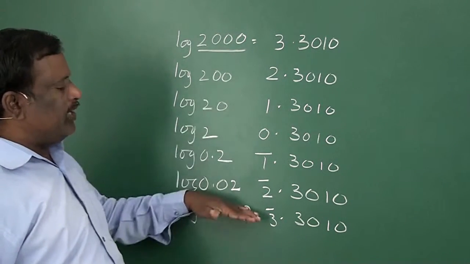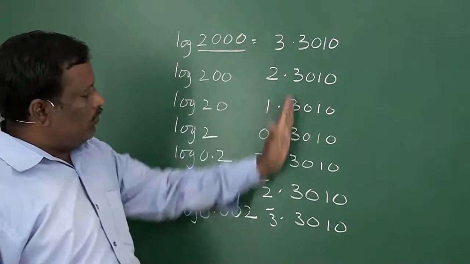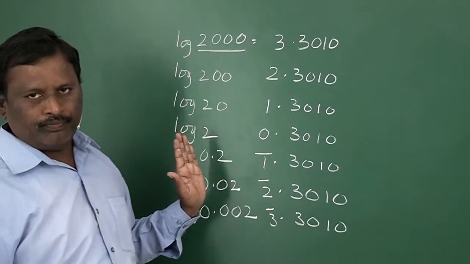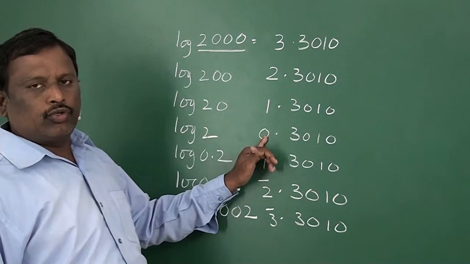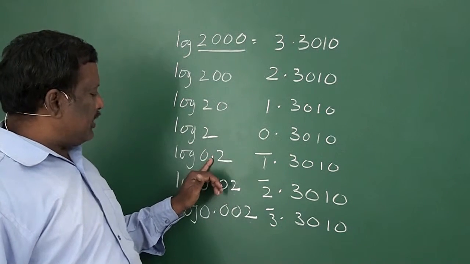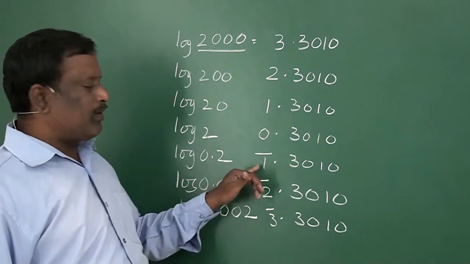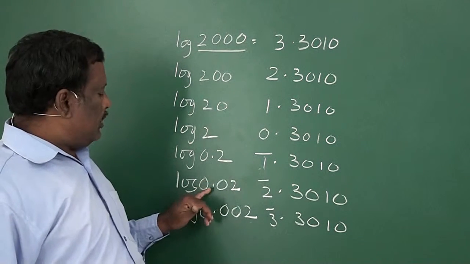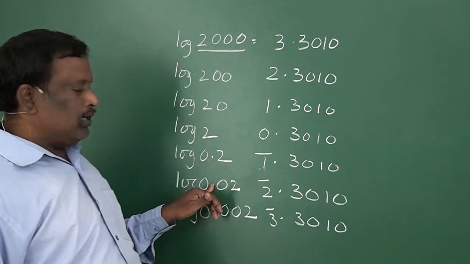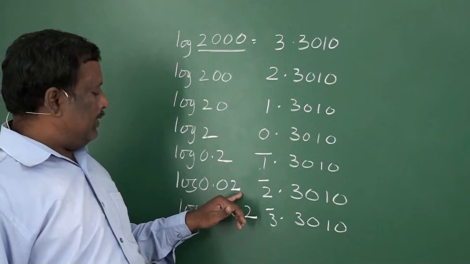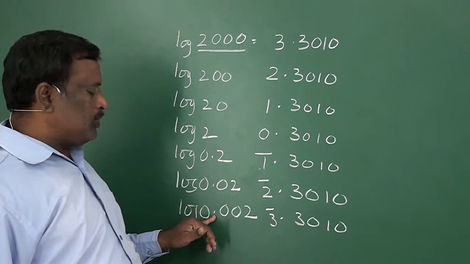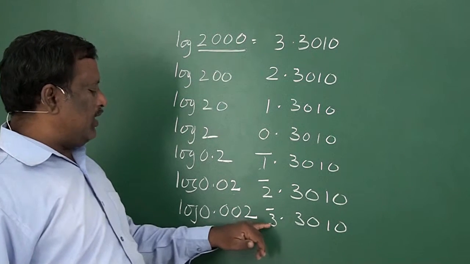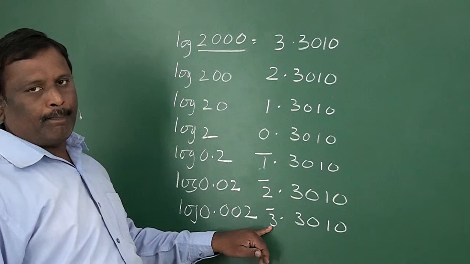So the characteristic will depend upon that. The mantissa won't change if the numerical is the same. If one digit is there, the characteristic is 0. If there is no digit but immediately after the decimal a numerical is there, then bar 1. If after the decimal there is 1 zero and then the numerical starts, it will be bar 2. If there are 2 zeros, it is bar 3.